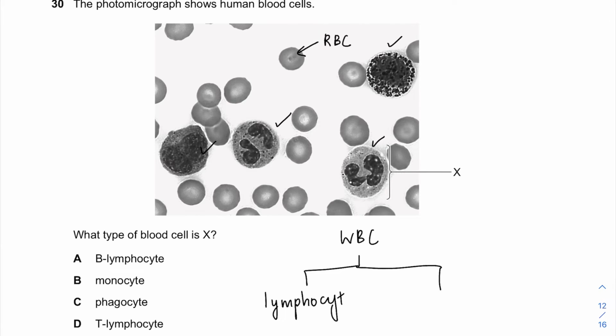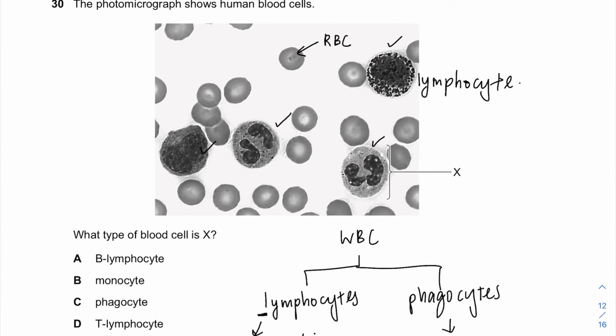Now, in terms of the structure, always remember L for large nucleus. So the nucleus would be large. So for this one, this is actually a lymphocyte. Therefore, phagocytes actually have a lobed nucleus, like what you see in X here. So X is a phagocyte.